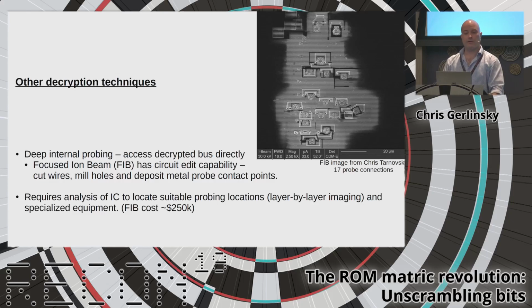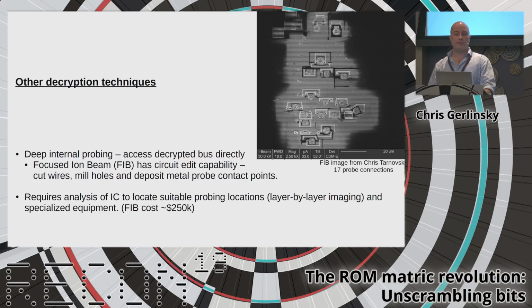Or another decryption technique is probing directly, having the hardware do the decryption for you. If you can follow the circuitry within the chip past the decryption block, and you can find locations to actually connect with needles, then you can physically probe and read out the decrypted data. This picture here is a focused ion beam image from Chris Gerlinsky. He's put 17 connections down. Each of those little circles, you can put a microprobing needle on, and those connect down to internal layers within the chip.